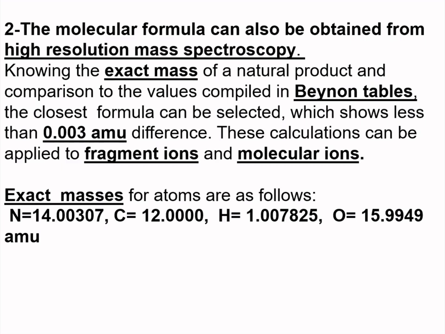This can be used to determine the formula of the molecular ion and also the fragment ions. This technique is called high-resolution mass spectroscopy, which uses two mass analyzers.